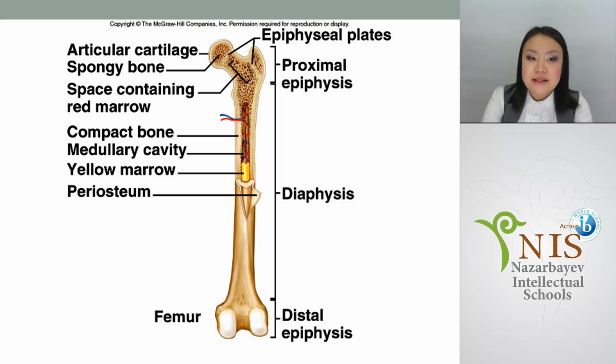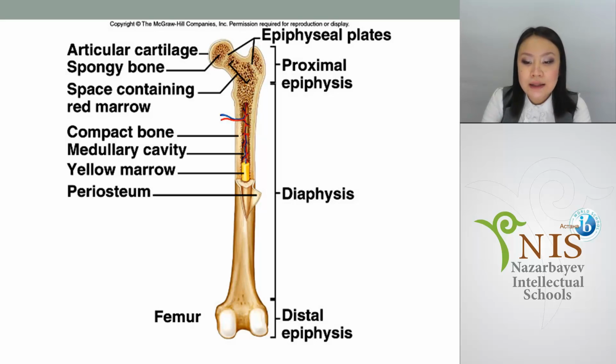In epiphysis, you could see articular cartilage and spongy bone, and exactly here happens the process where red blood cells are synthesized.